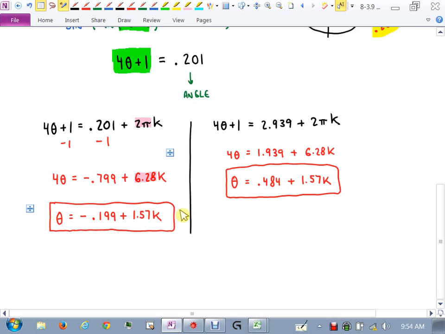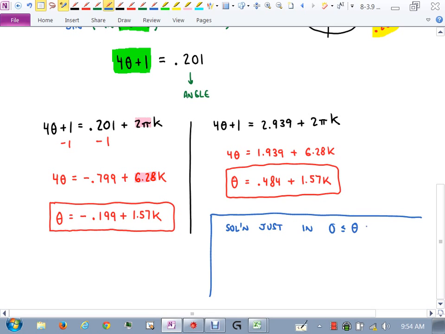Now, what if I asked you the same problem, but I said only the answers between 0 and 2 pi? So I'm just going to try and squeeze it in here. If I say solutions just in the interval 0 less than or equal to theta less than 2 pi, then I'd start by letting k be 0.